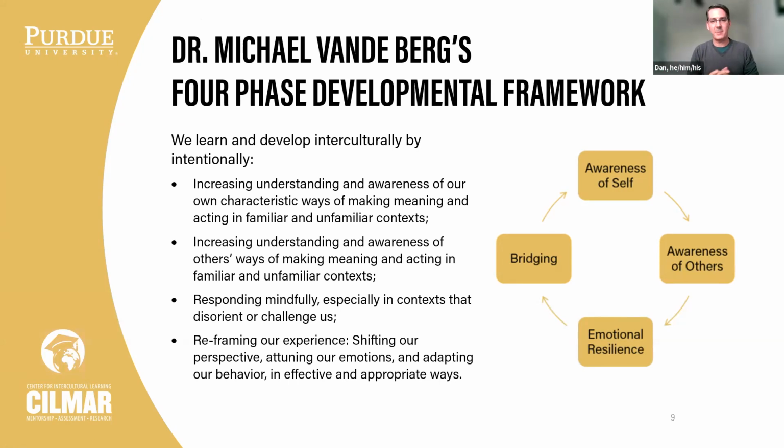He's been on our campus a few times doing IDI training. He came up with his own theory of a 4-phase developmental framework: awareness of self, awareness of others, developing emotional resilience, and then the capacity to bridge cultural difference, so bridging. And then this cycles back through.